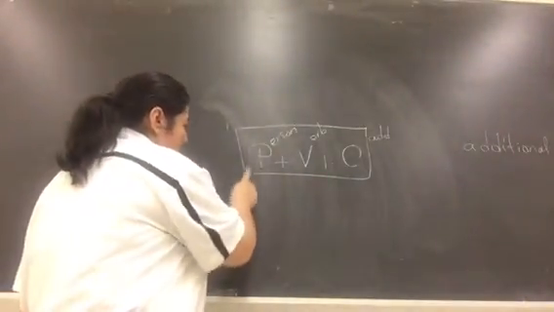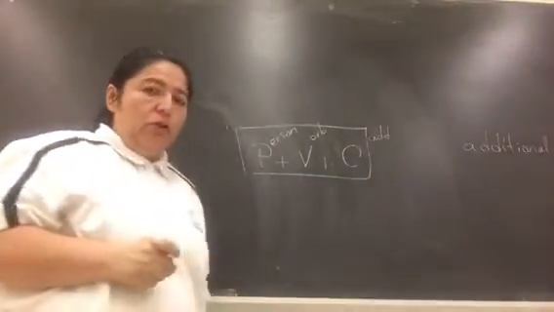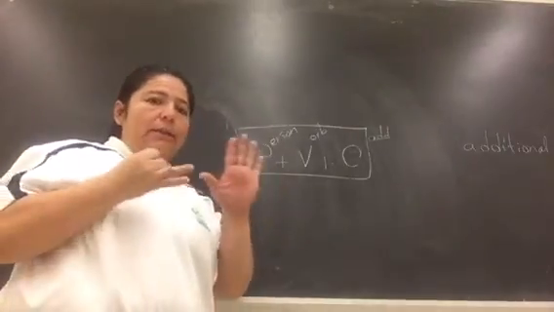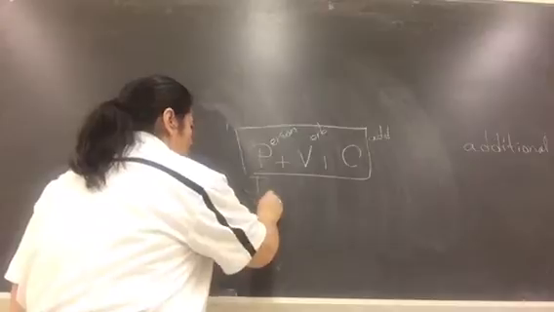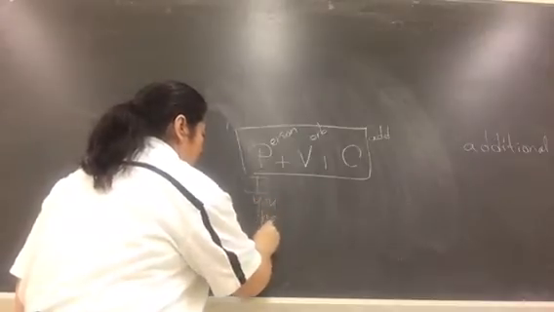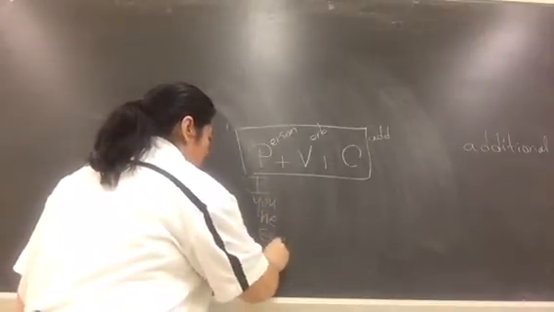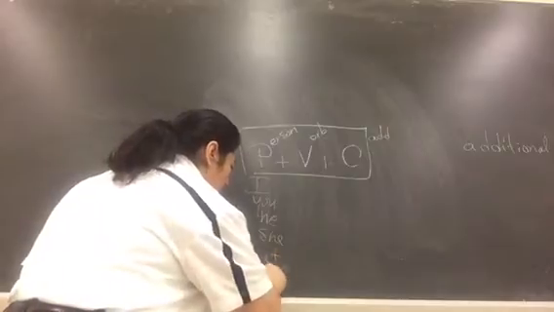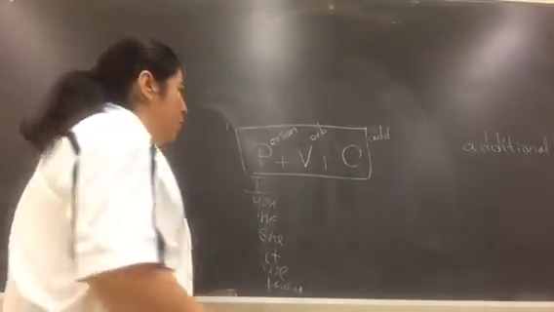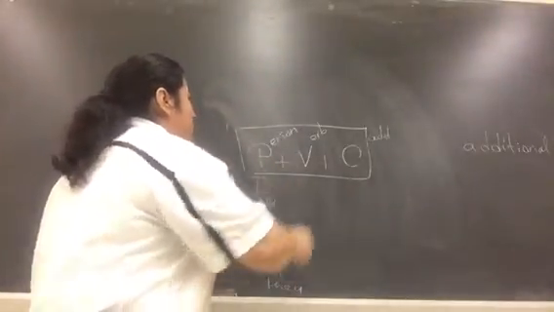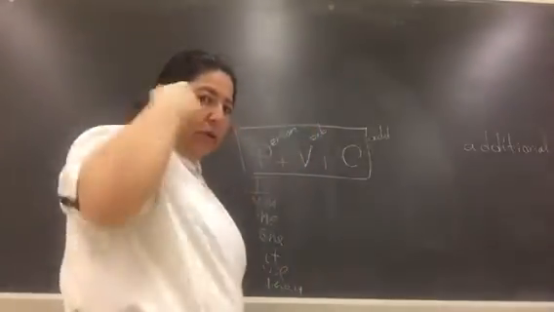So P is the person. And in English, you start basically with 7 persons. You have I, you, he, she, it, we, and they. Also, when you're speaking about a verb, you can use any verb that you can think of.